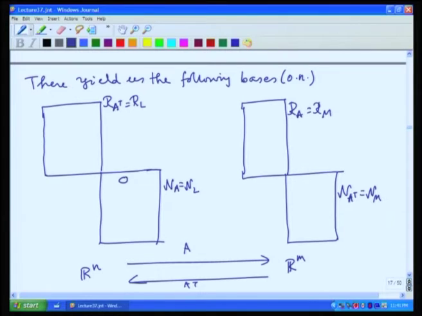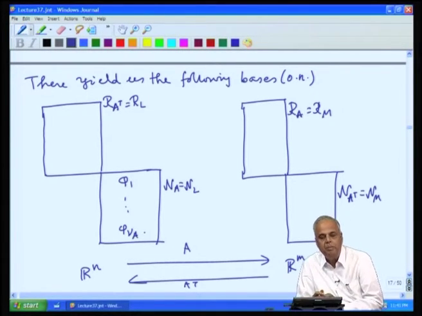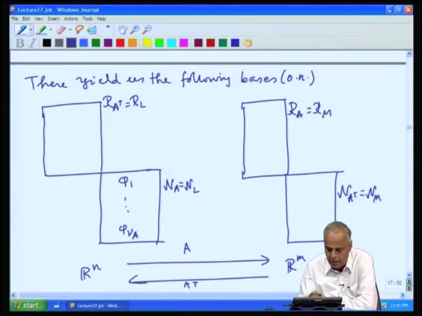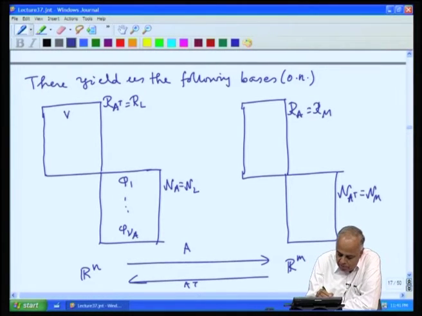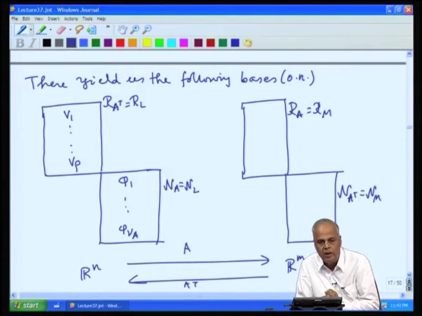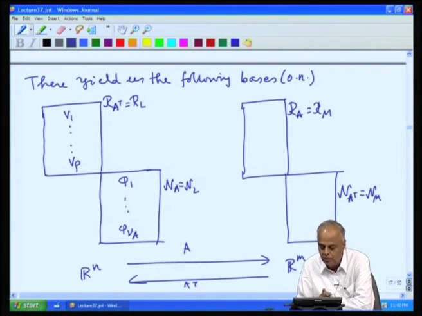We found orthonormal bases for this, which were coming from the eigenvectors corresponding to the 0 eigenvalue of the matrix L, and we found the basis V rho plus 1 up to Vn. These were the orthonormal eigenvectors coming from the positive eigenvalues of L, arranged in the form lambda 1 greater than or equal to lambda 2 greater than or equal to lambda rho greater than 0.